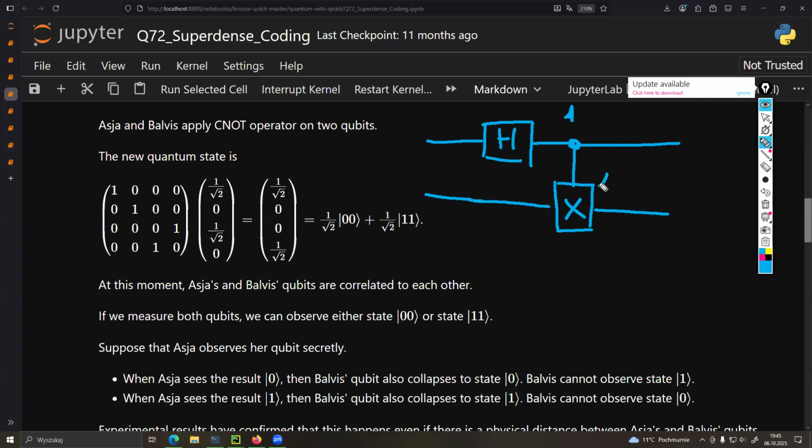Whenever this is 1, this will be flipped. And since it starts from 0, it will flip onto 1 after this state, right?